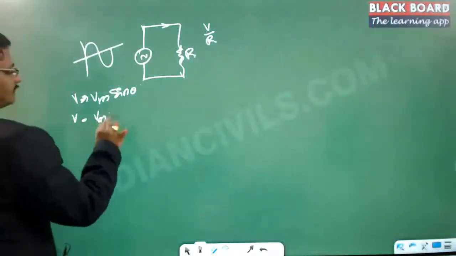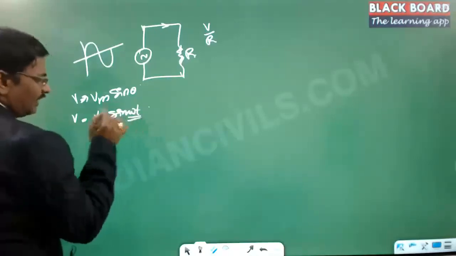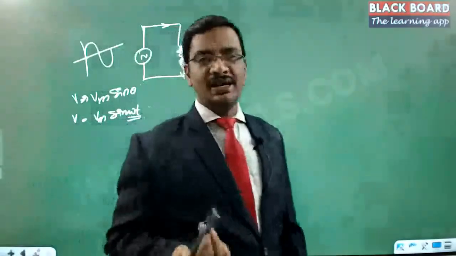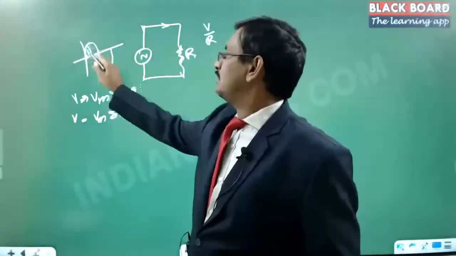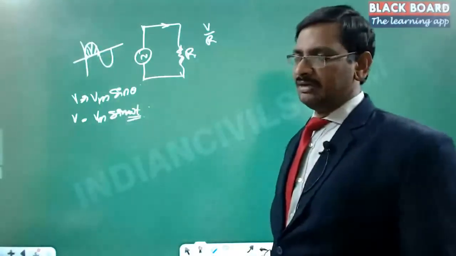So V is equal to Vm sin omega t. Depending upon the t value, the theta value continuously changes, and according to it, the value can be this or this or this. It can have any value at any point of time, right?